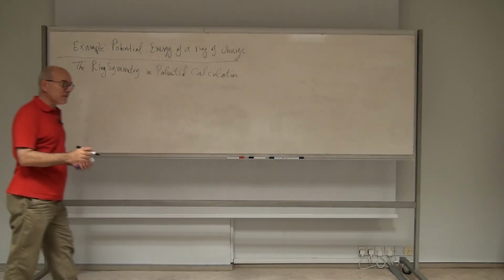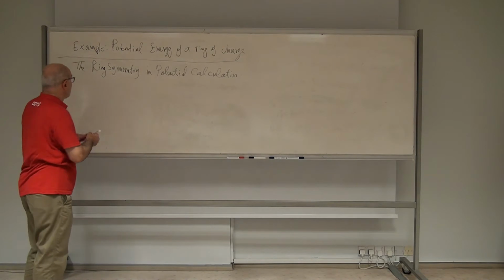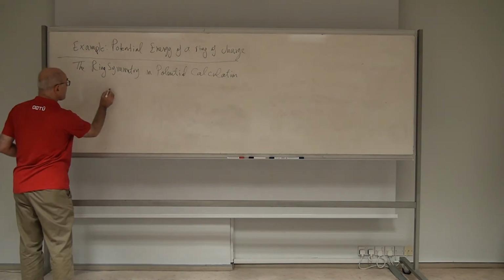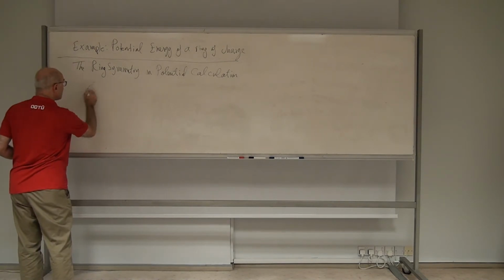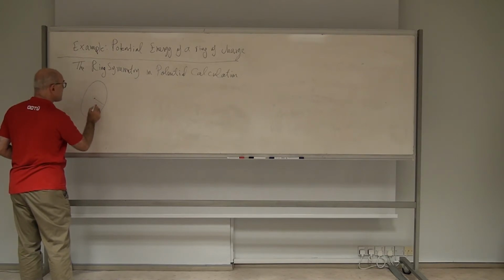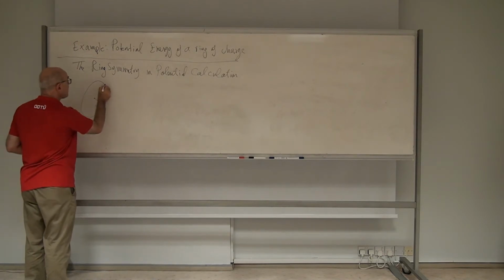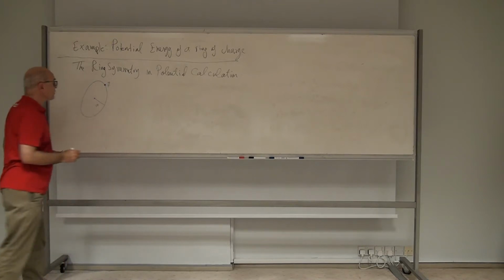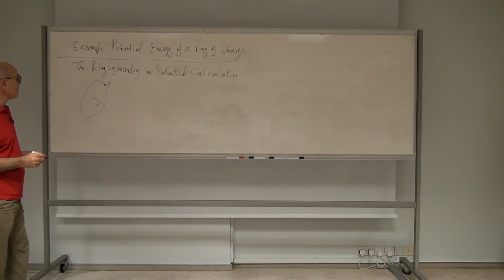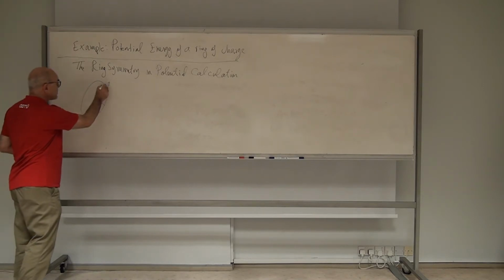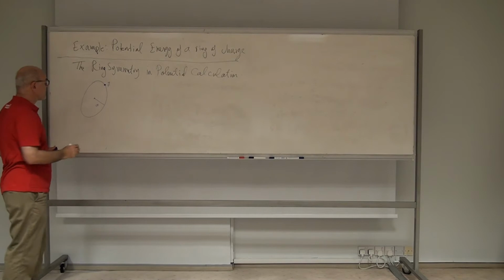To appreciate what this symmetry is, let me consider a ring of charge, and this is the center, and take this to be A, the radius of the ring, and let me have a charge, call this charge Q, a point charge at the circumference of the ring, at one point here.